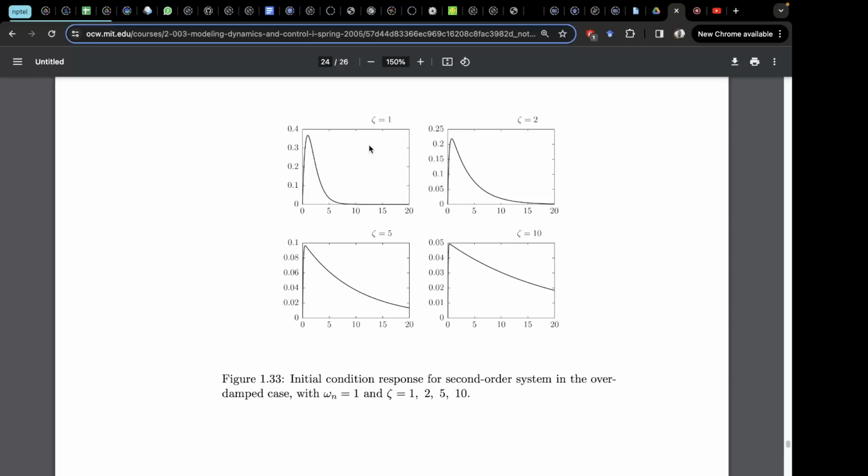For the critically damped case, the first case, although the amplitude goes to 0.4, it is almost 0 before 10, right? However, in the last case, when xi is 10, even at 20, this value is much bigger than for critical damping at 10, right? So this figure very clearly shows the reasoning for making our systems critically damped, that is keeping xi equal to 1. Any questions here?